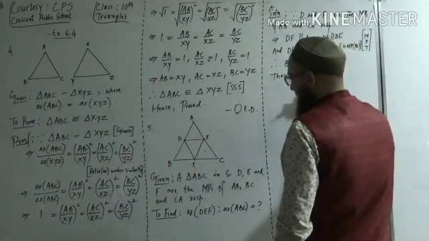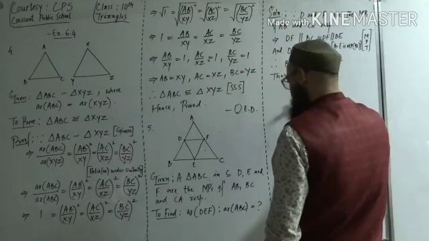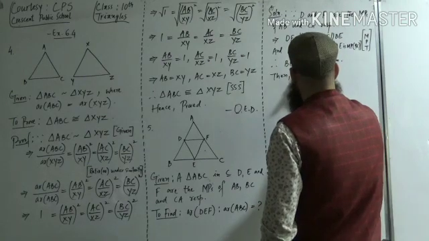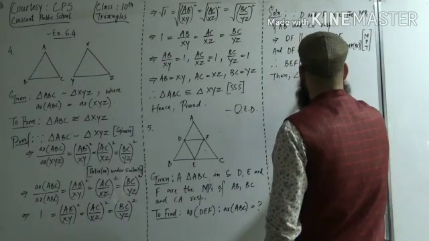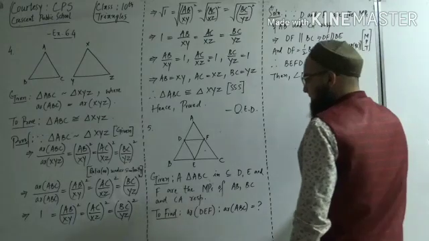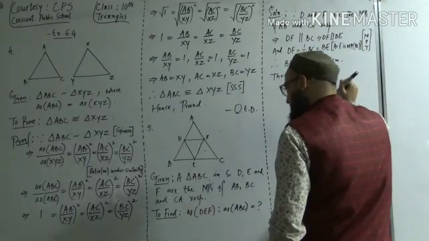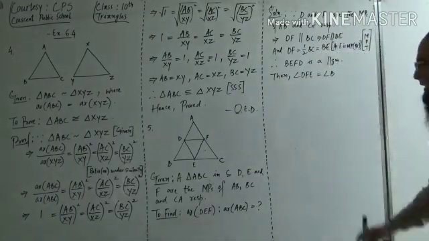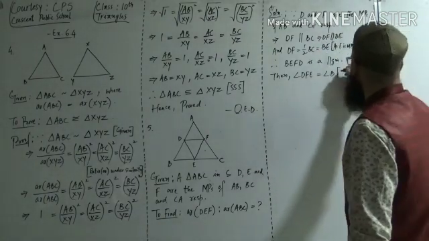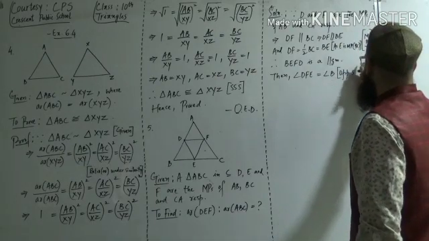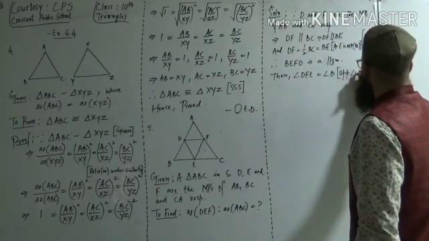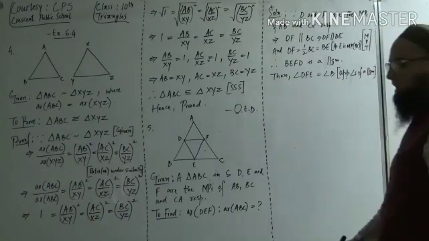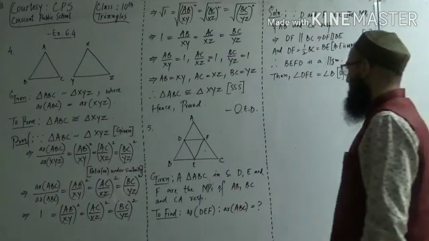So angle DFE is equal to angle B. The reason for this is opposite angles of a parallelogram.